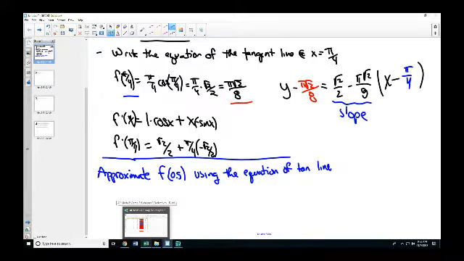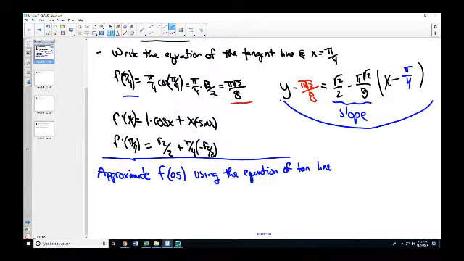All right, so we're going to take some close value and approximate. So we're not going to plug it into the actual function. We're going to plug it into that equation. So that's why we're approximating. So you're plugging that into x. Yeah, so this is our x value, right?